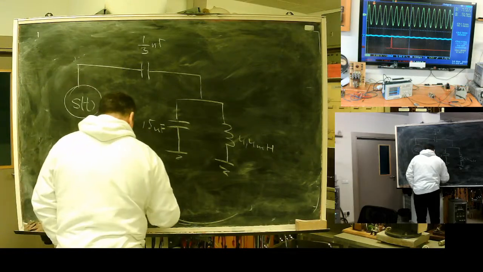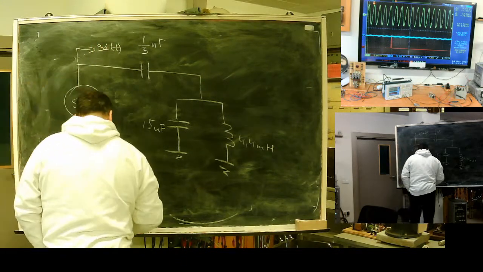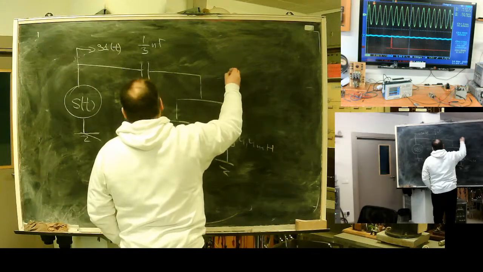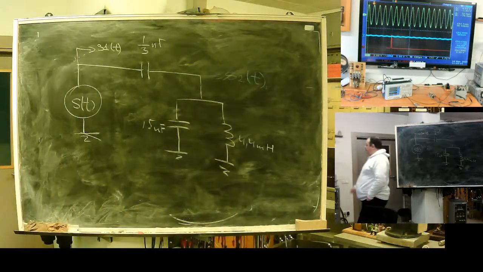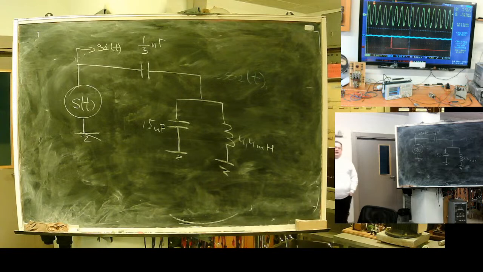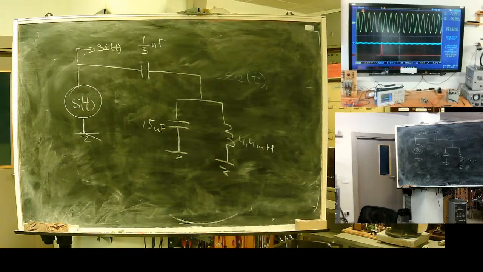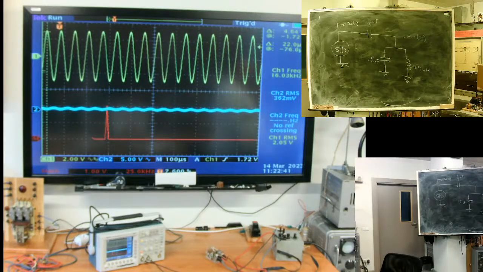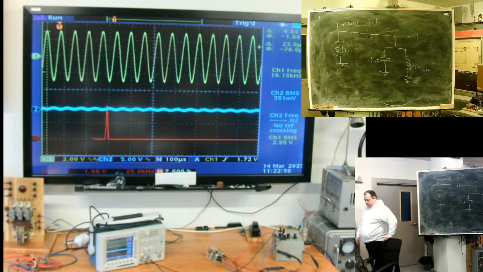This is Earth, and this is the first signal, the yellow line, and here I took the blue line, or second signal. Easy circuit, isn't it? This signal is too simple.